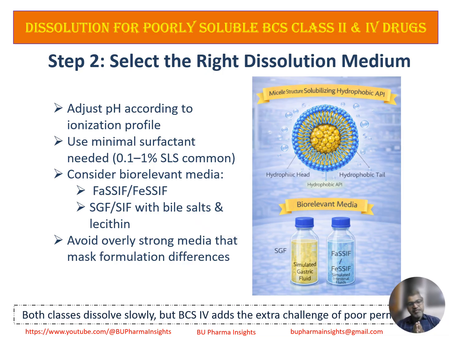Biorelevant media mimic food effects and intestinal solubilization, like FaSSIF and FeSSIF, or SGF and SIF with bile salt and lecithin. Always adjust pH to match the drug's ionization profile and avoid media that are too strong. They can hide real differences.